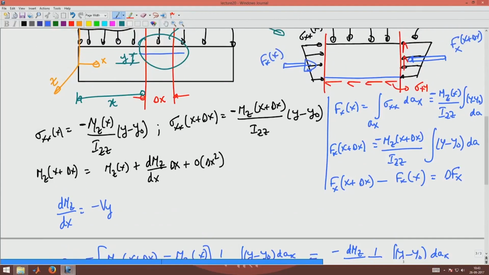Now, writing the horizontal force equilibrium, there is this sigma xz acting horizontally like this, and the complementary shear stress would act vertically like that on that face. The horizontal force equilibrium demands that this delta f x, which is not 0, should be balanced by this shear stress.